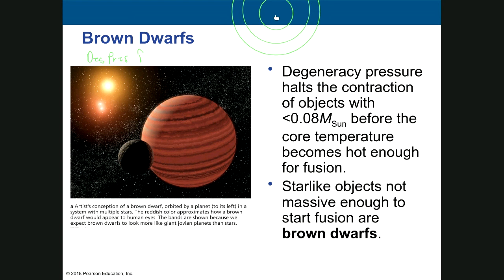If you have more mass, now you have more chairs available, and you can keep shrinking and get hotter and hotter, and start your fusion before you lose all your chairs or increase your degeneracy pressure too much. So that's essentially what a brown dwarf is. You need enough mass so that you don't run out of places to collapse to.